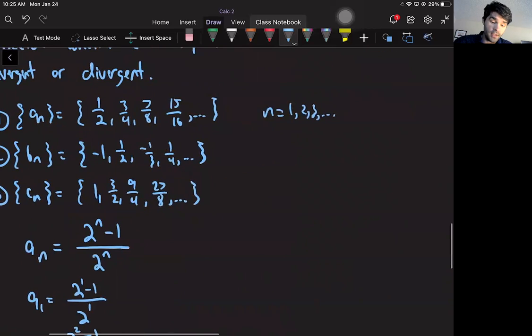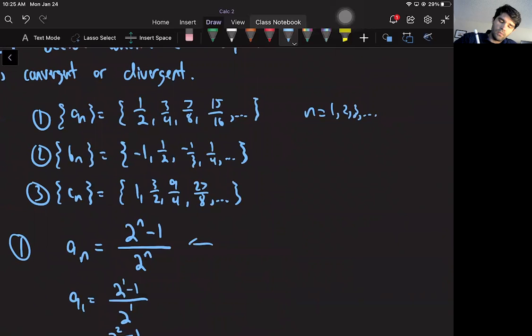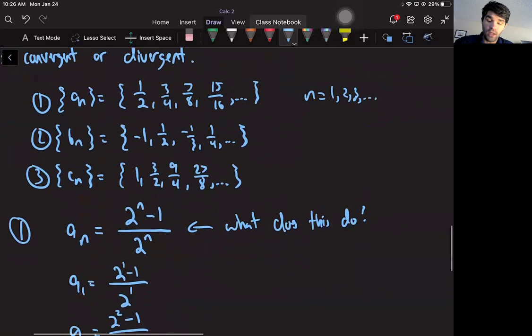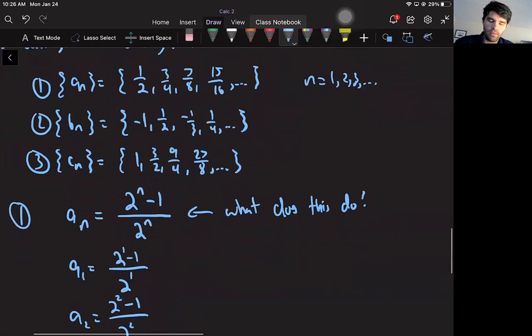So one way is to think about, what is this doing? And this goes towards 1. You can see that the numbers are slowly getting closer and closer to 1. And we'll have an official tool to show this later.